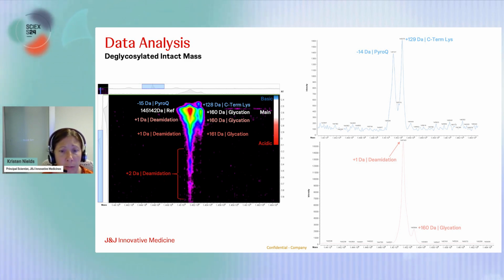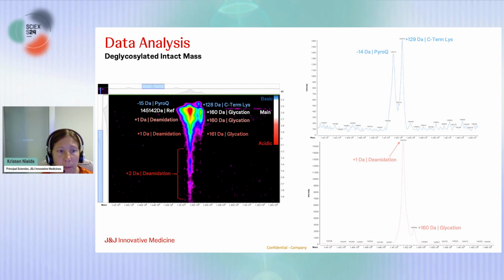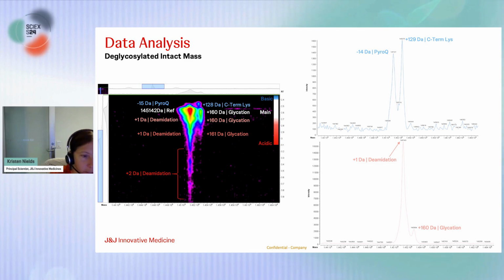Then we can see that in this dGly sample, a little bit of glycation starts popping up, and just by visually looking at the heat map, you can see that it predominantly turns into 100% glycation as we go into the acidic region, along with deamidation.